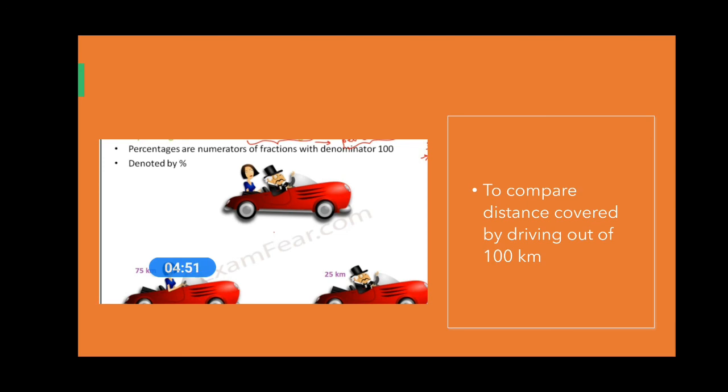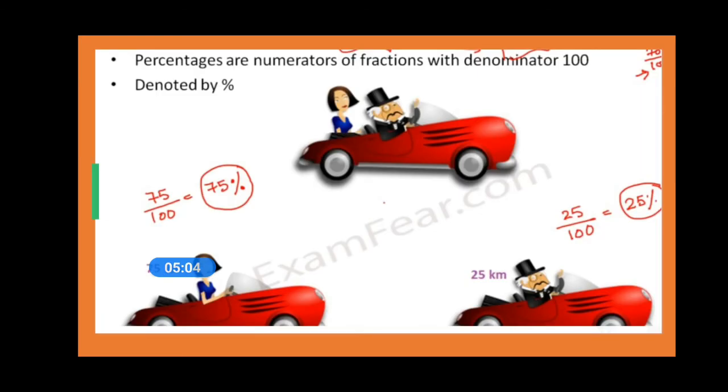Who covered more distance than the other? Since it is out of 100, we can easily find out that the distance covered by his wife is 75% and by him is 25%, because the total distance covered is 100.